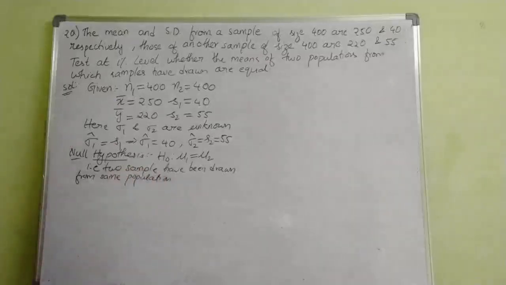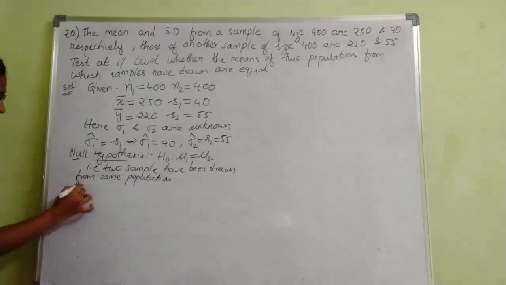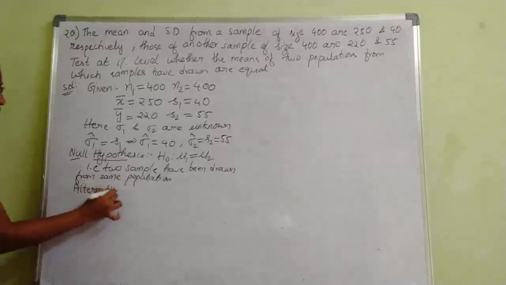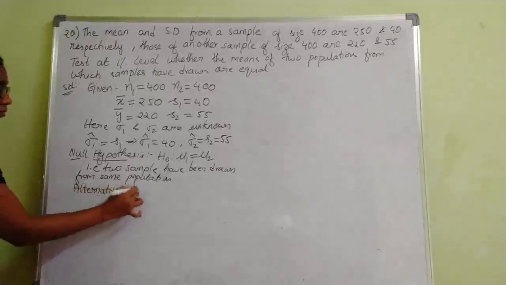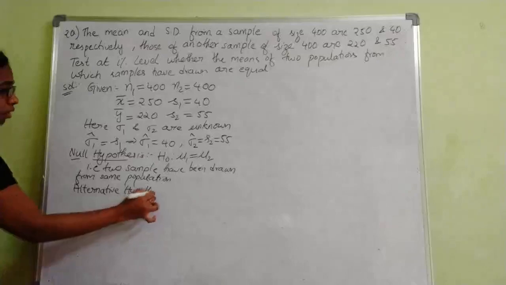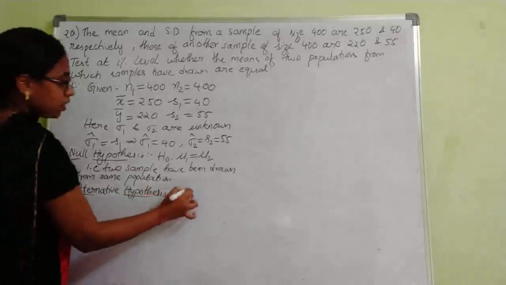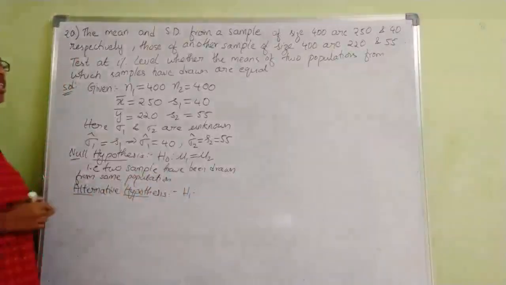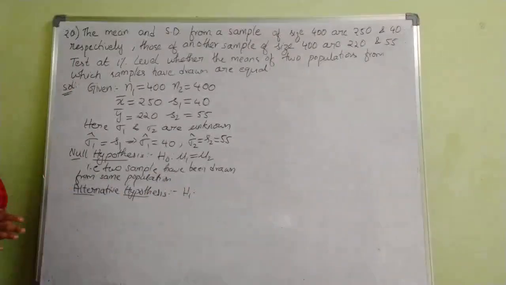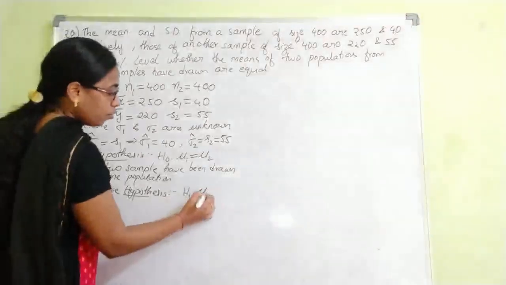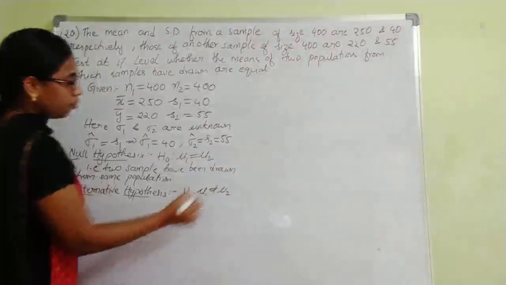Now similarly, write down the alternative hypothesis, that is H1. In the question they have given equal or not, that's it. So for the alternative hypothesis we will write mu1 not equal to mu2.